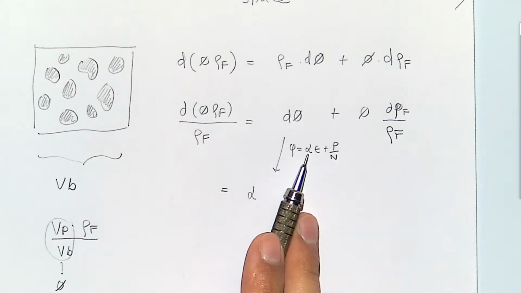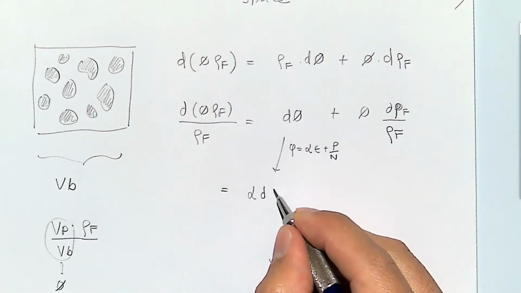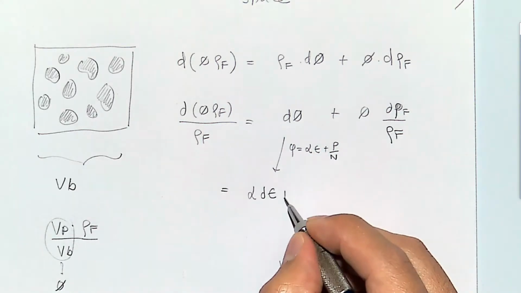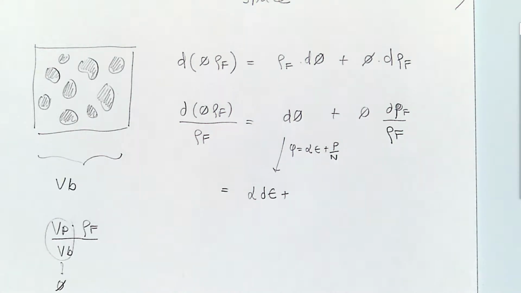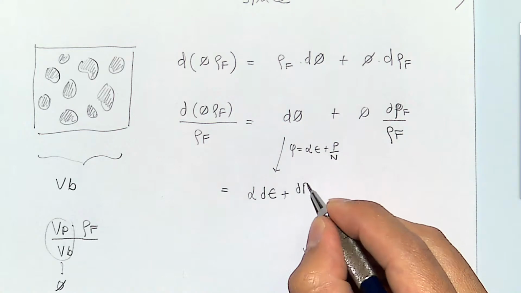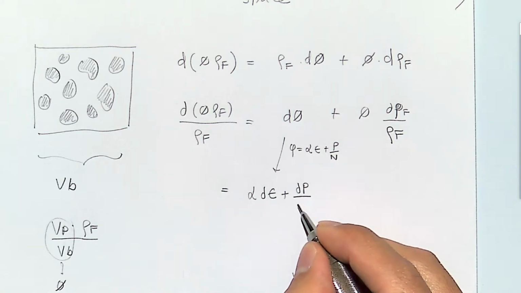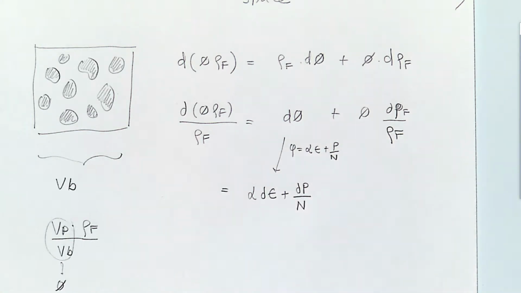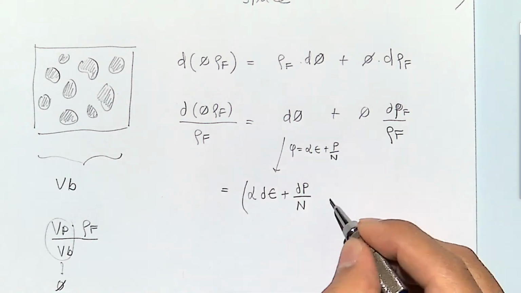We know the Biot coefficient doesn't change, so this one is not going to change. There might be a change in volumetric strain. And we also know that the parameter n is constant, it's not going to change. And the one that could change is pressure. So we'll write those as differentials over here.